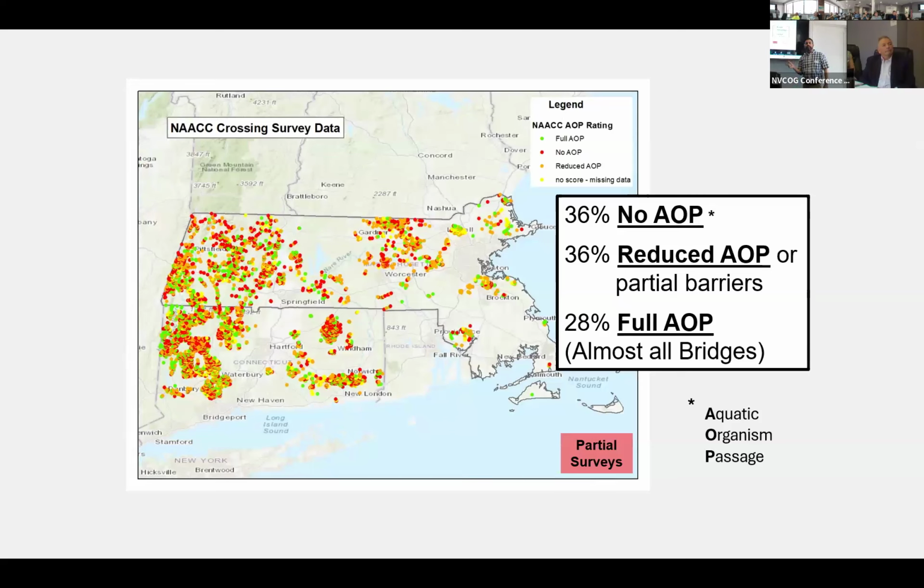Through an initial analysis of data that was collected, and this is a few years old, you can see where the areas have been focused in Connecticut. We basically are seeing culverts falling into three broad categories, a rule of thirds almost, where 36% are basically no AOP, no aquatic organism is getting through. 36% is a reduced or partial barrier, and then 28% is full AOP, although most of those are just bridges.